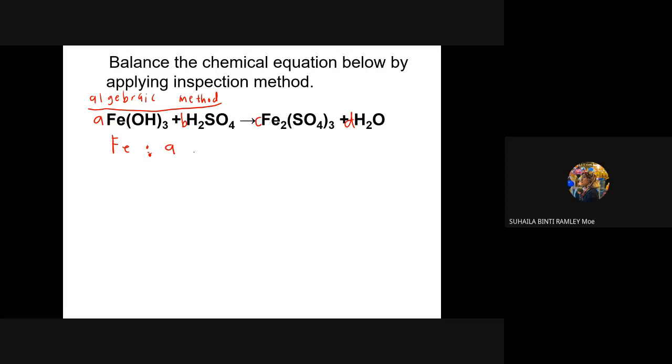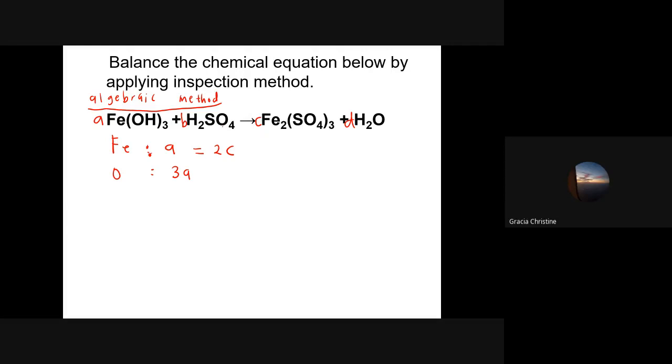C sini kan? So C. A equal to 2C. Okay, then we go for oxygen. So this one ada berapa oxygen? 3. So 3A.